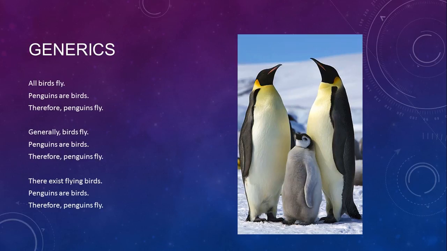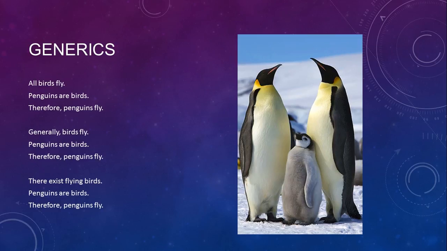Now, it could be an inductively valid argument. Suppose you didn't know anything about penguins. So, blark. Generally, birds fly. Blark are birds. Therefore, probably blark fly. It's inductively valid. Certainly, the conclusion is by no means guaranteed. How about this one? There exist flying birds. Penguins are birds.